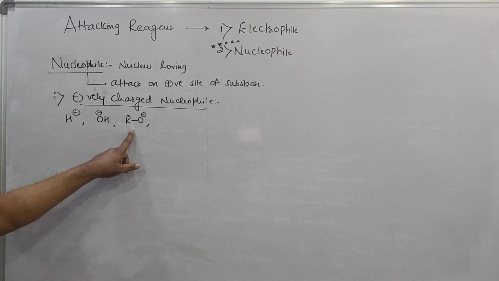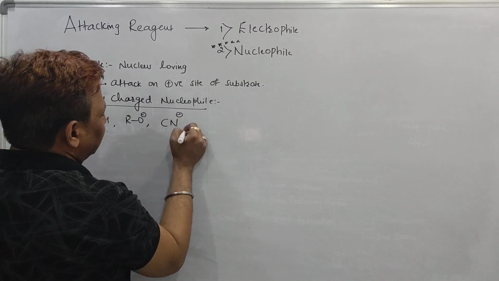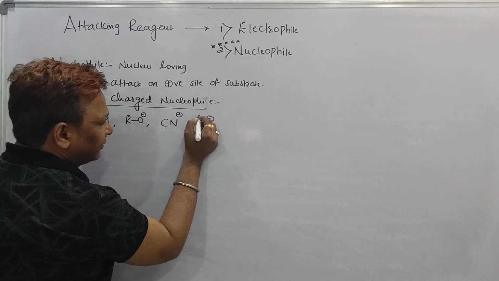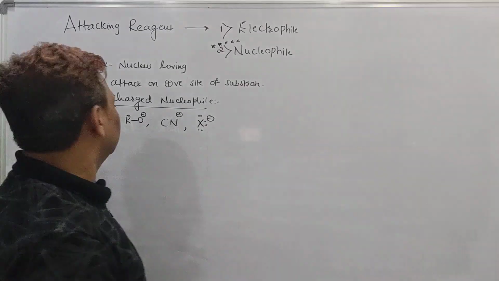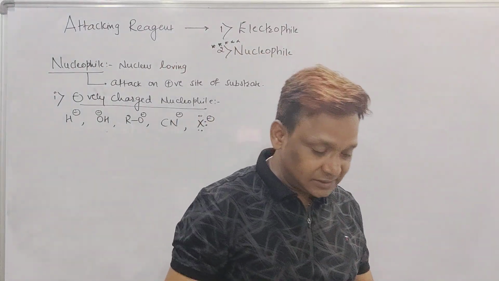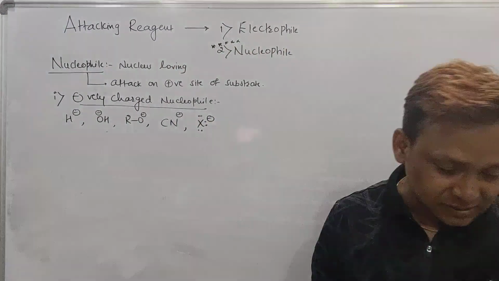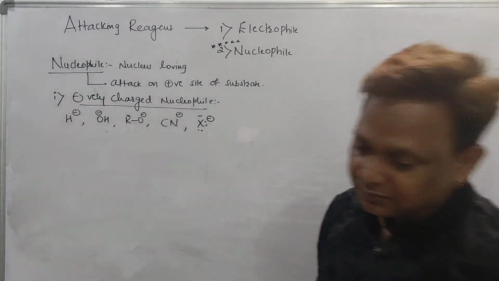Even beta, cyanide, CN negative, and halide, X negative, because halogen has 3 lone pairs of electrons and one negative charge present over it. So alkoxide RO minus, cyanide CN minus, and X negative halide are negatively charged species, because they have a tendency to donate a lone pair of electrons.